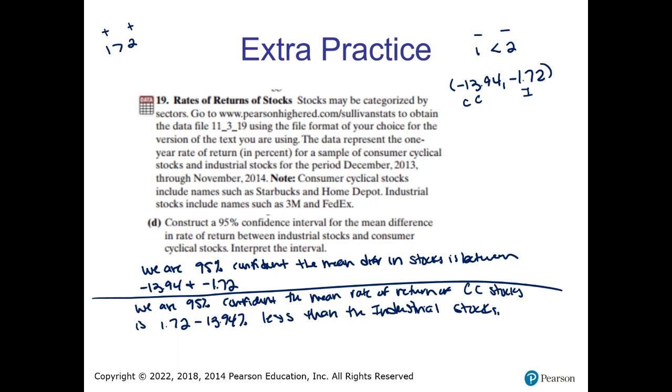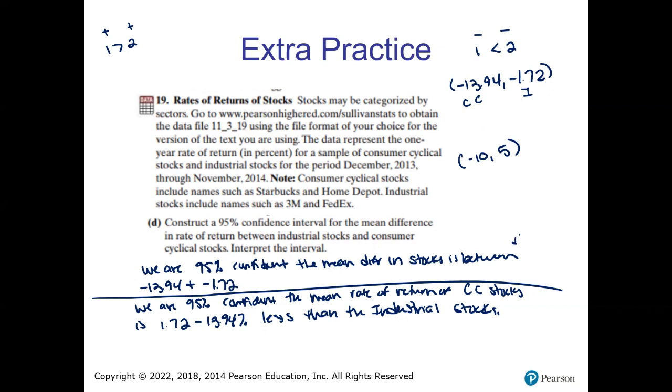If you got one that was one negative and one positive, then that means in the end, there is no difference overall, but we would then go to something like this. Pretend our result was negative 10 to 5. Let's just say that's what it was. We would have to go to this first one.